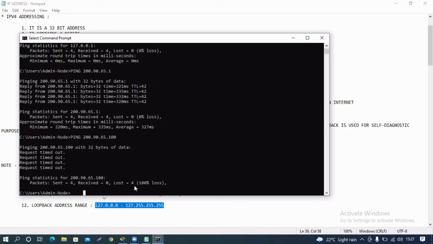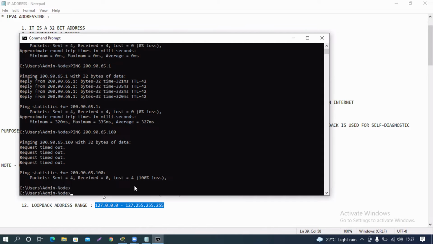Sometimes you get this type of message as well, like general transmit failure. This message simply indicates that your machine's NIC, network interface card, is having issues or faults.